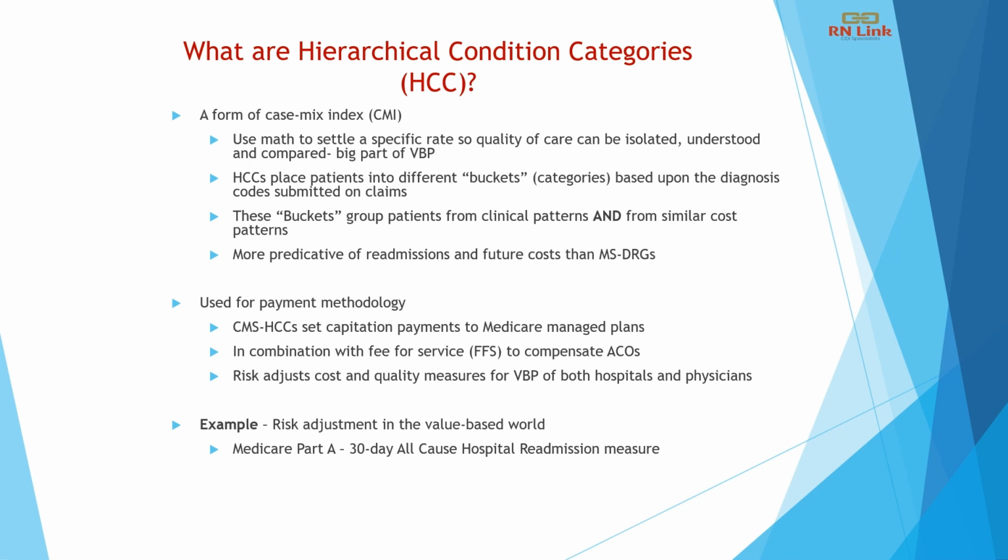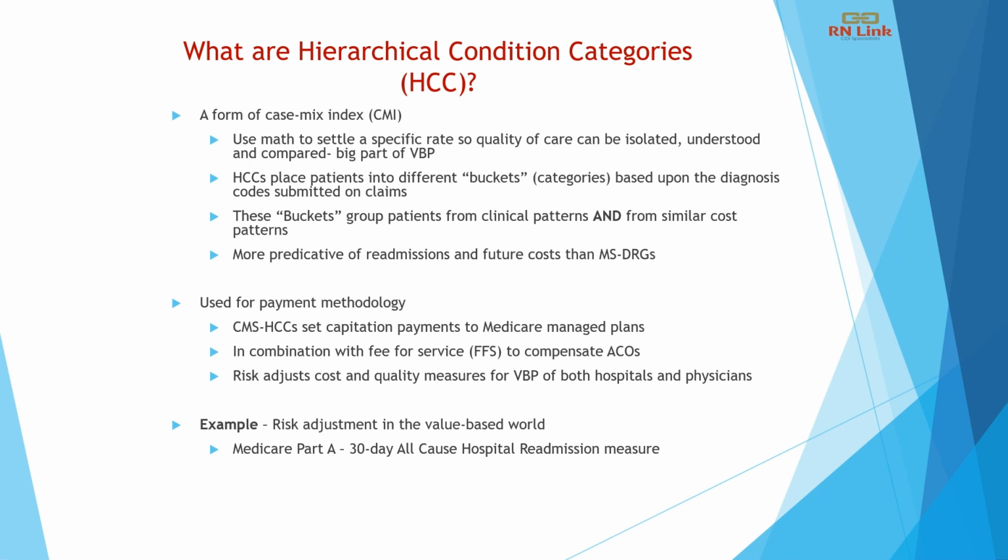What are hierarchical condition categories, HCC? 1. It is a form of case mix index, CMI. It uses math to settle a specific rate so quality of care can be isolated, understood, and compared. It is a big part of VBP.